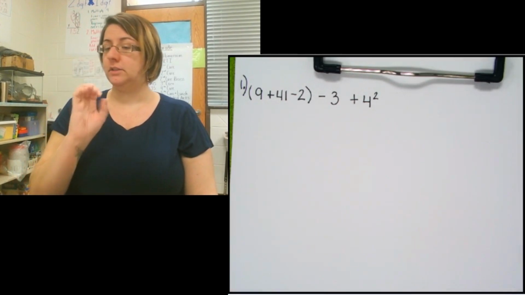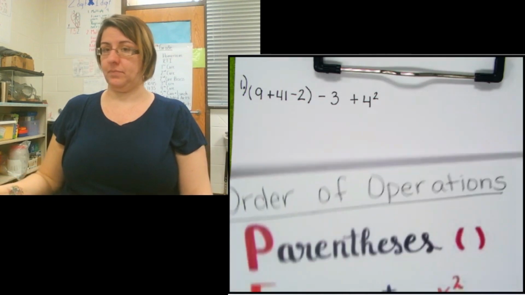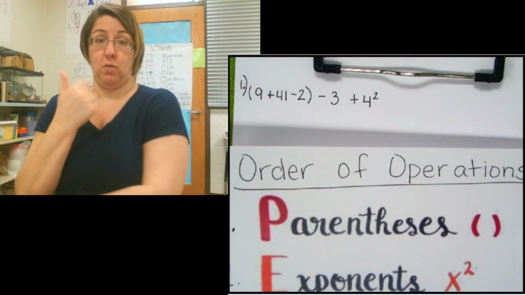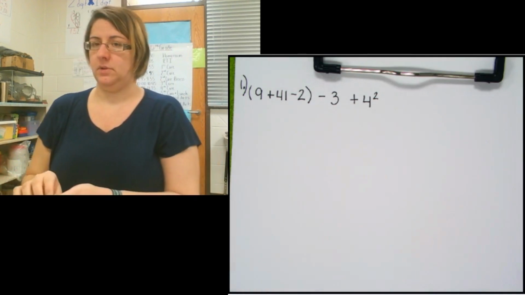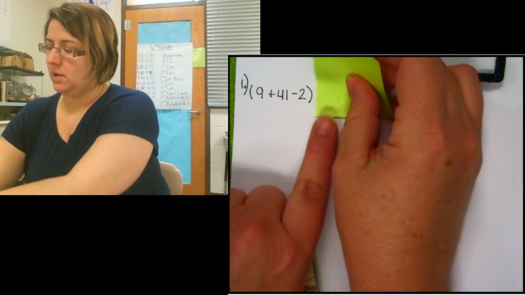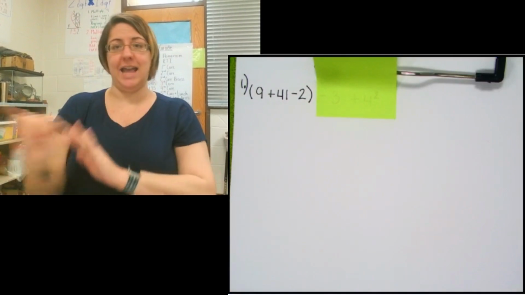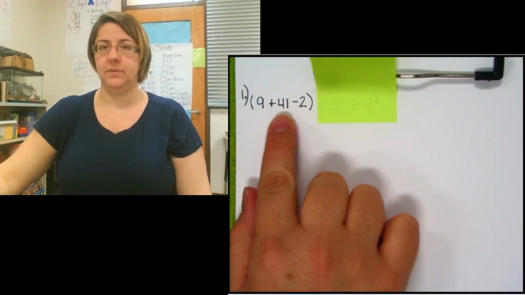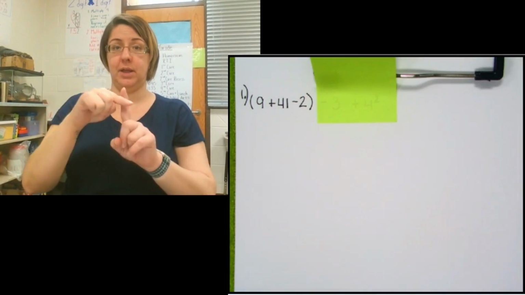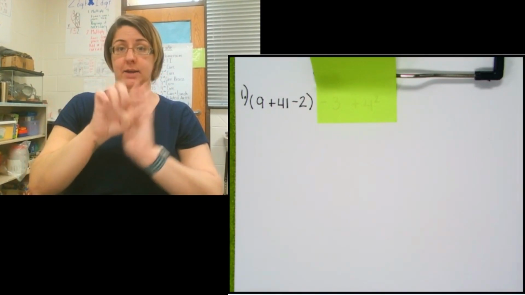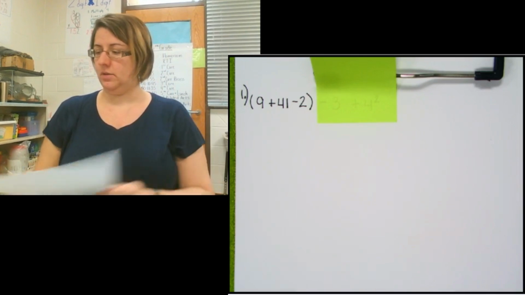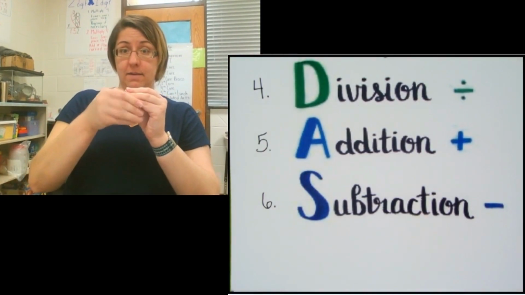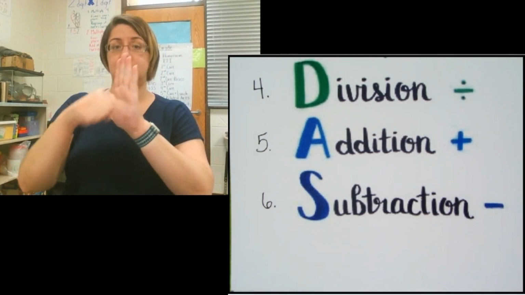All right, so remember, first parentheses. So what am I going to do? I'm going to hide that because we're not going to look at that yet. So now look. We have 9 plus 41 minus 2. You're going to add first and then subtract.